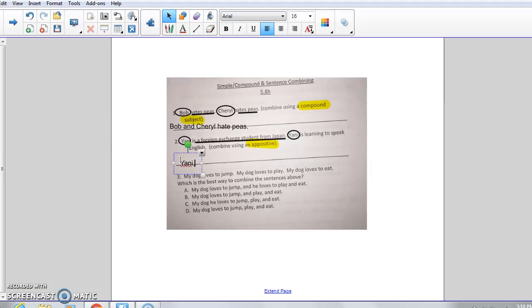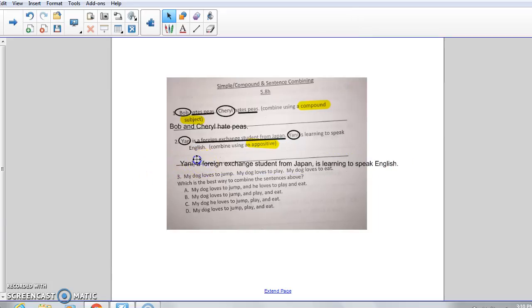Yanni, comma, a foreign exchange student from Japan, comma, is learning to speak English. Notice we removed the word is, because we use that appositive phrase, we don't have to use is anymore.